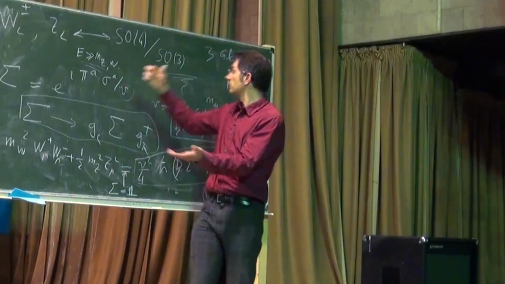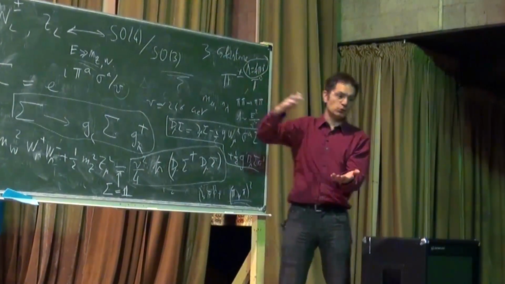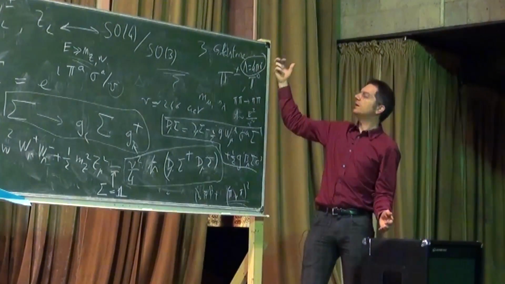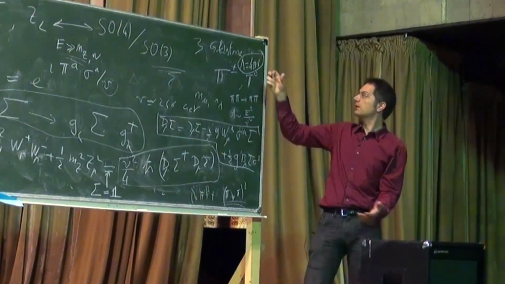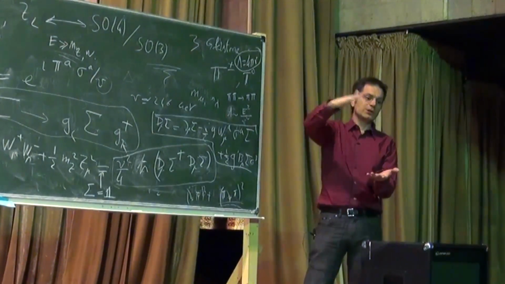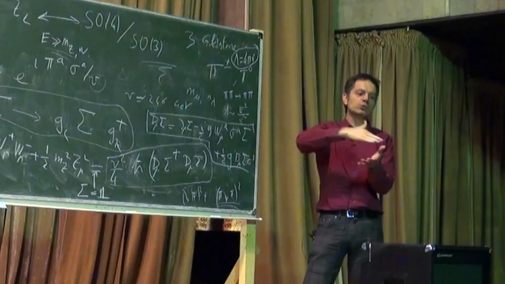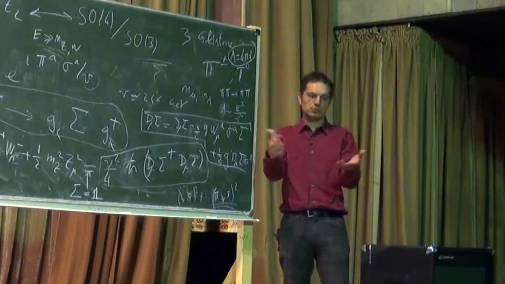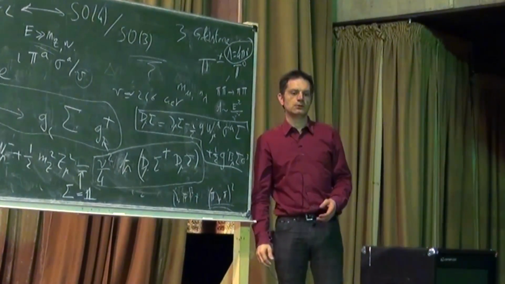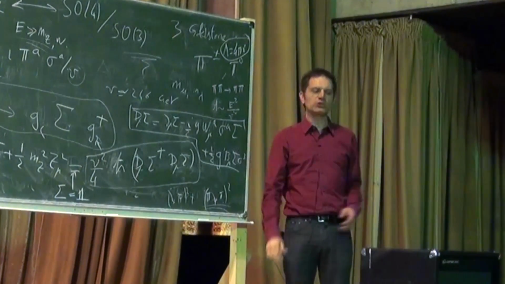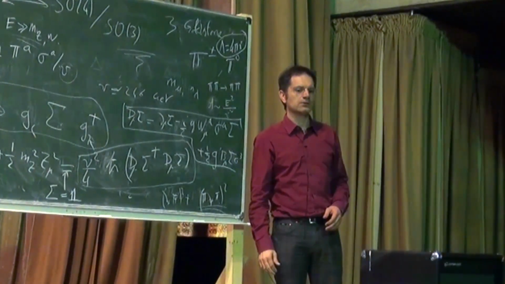And if you put the numbers, it exactly works. The rho meson is about 4 pi higher than the mass of f pi, in such a way that the exchange of the rho meson will unitarize your pi scattering. So there is a total analogy with QCD.